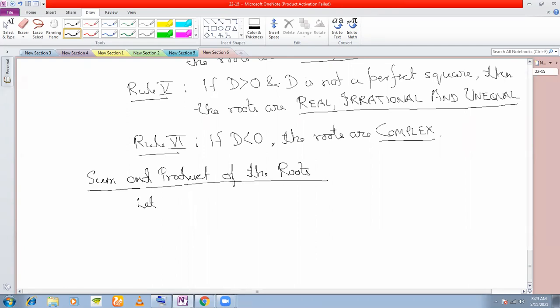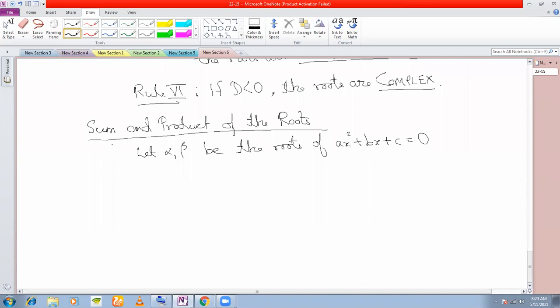So if I say let alpha and beta be the roots of this equation ax square plus bx plus c is equal to 0, then without even solving, you can say that the sum of the roots, which is alpha plus beta, must always be equal to the negative of this coefficient.